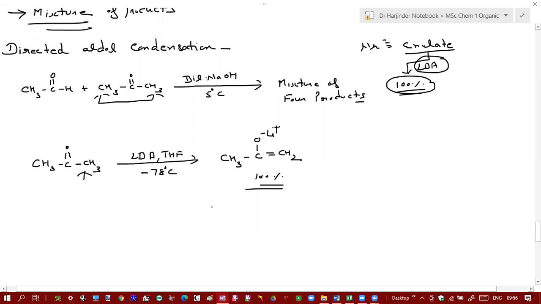Then in the next step, aldehyde is added to the reaction mixture.